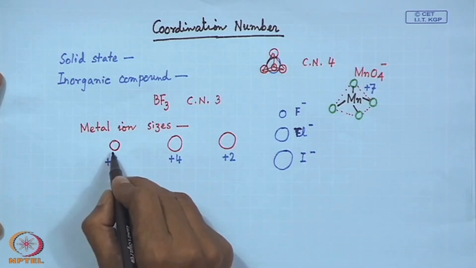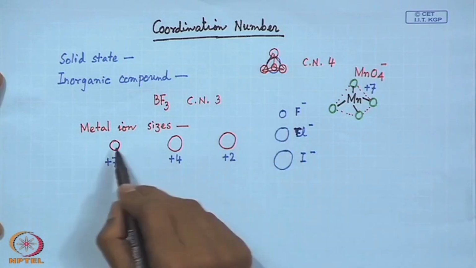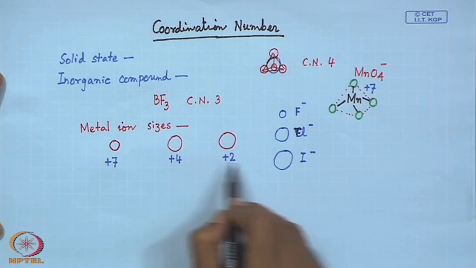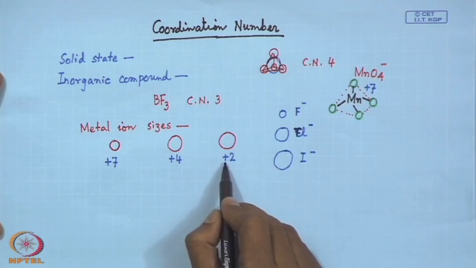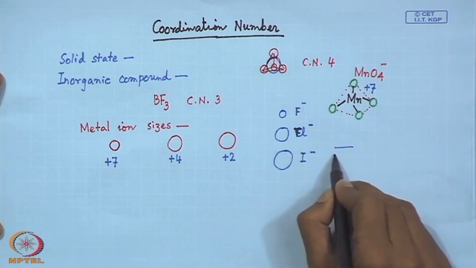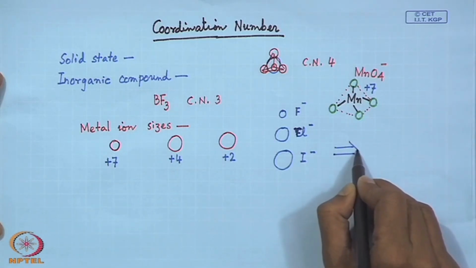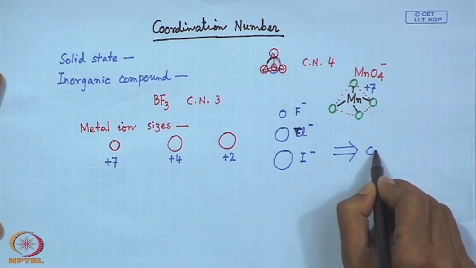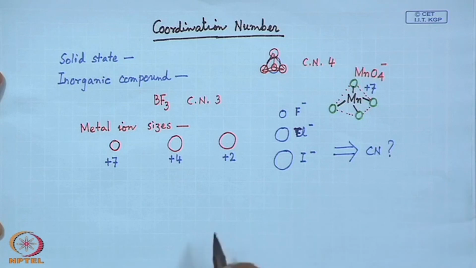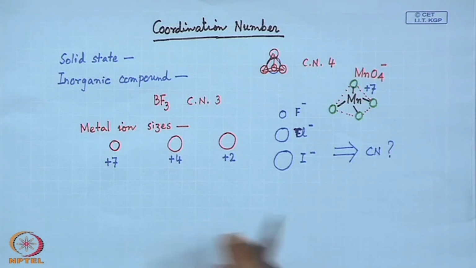So, how many of these size parities can take place around an oxidation state of the metal ion as +2, +4 or +6 will basically dictate what will be the resultant coordination number of this particular combination.